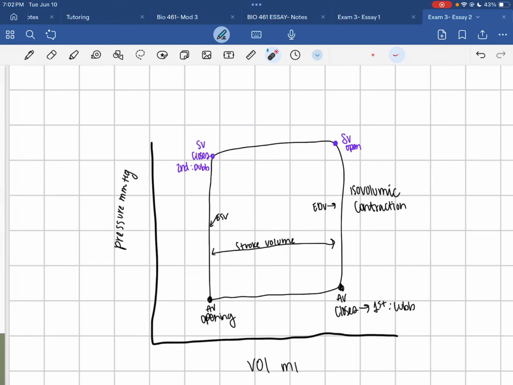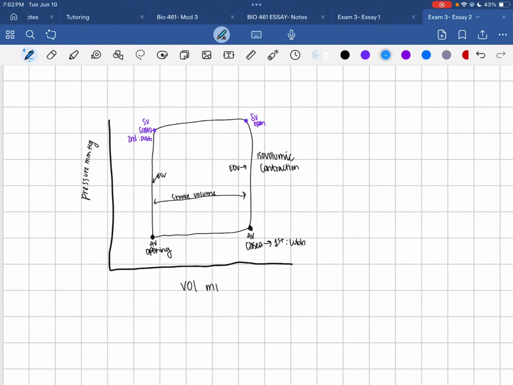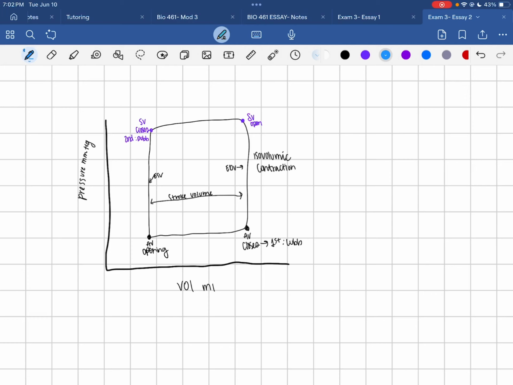We have end diastolic volume on this side and end systolic volume on this side.